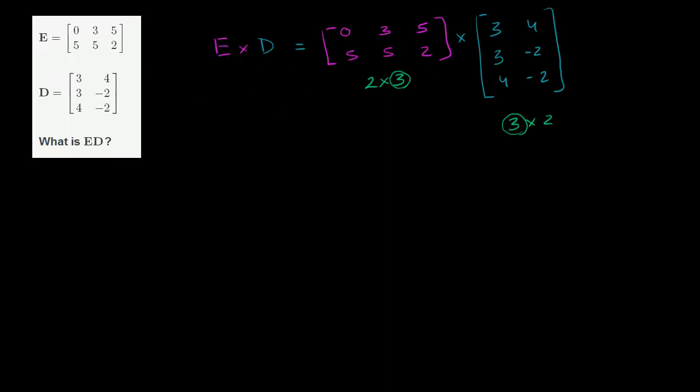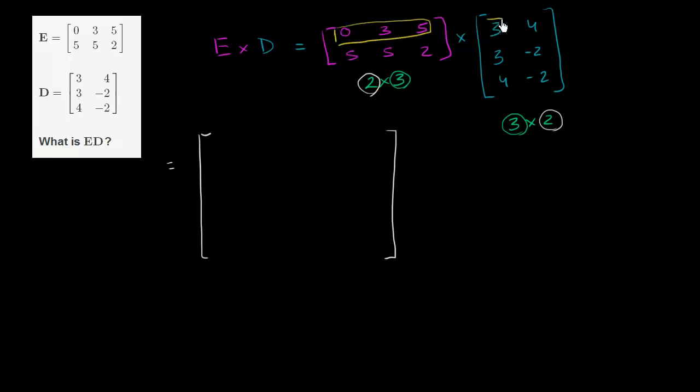So what we're going to get is actually going to be a 2 by 2 matrix, but I'm going to create some space here because we're going to have to do some computation. So this is going to be equal to, I'm going to make a huge 2 by 2 matrix here. So the way we get the top left entry is essentially going to be this row times this column.